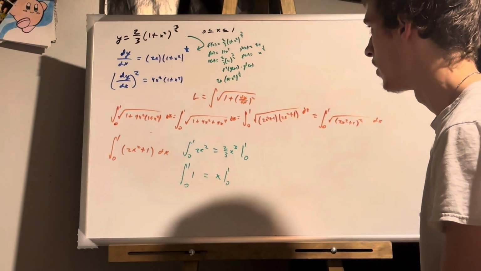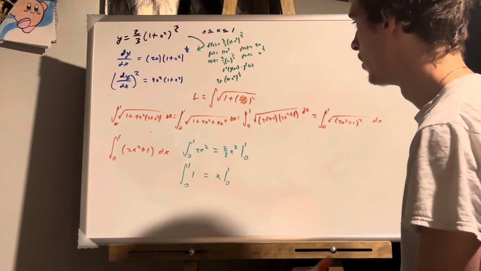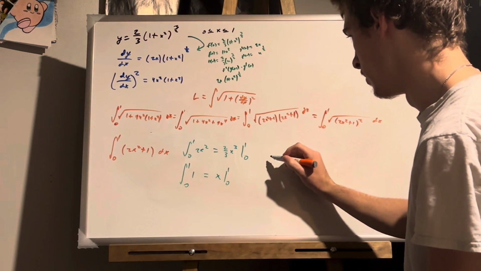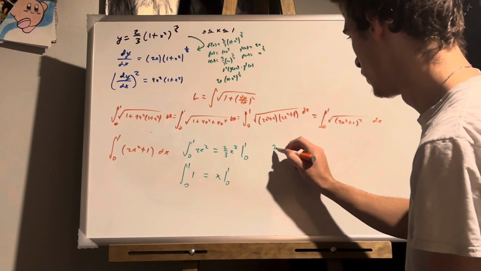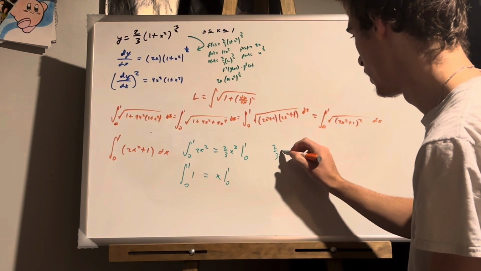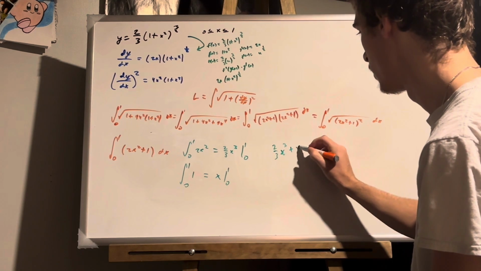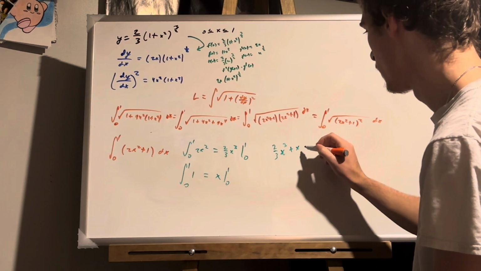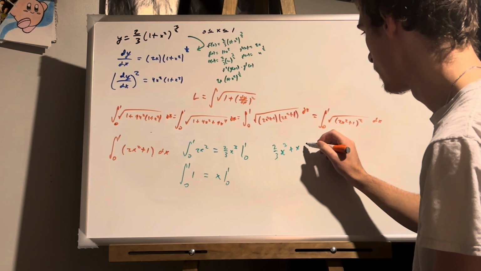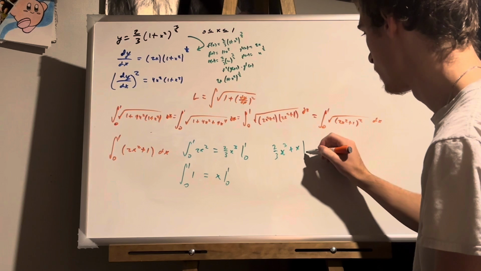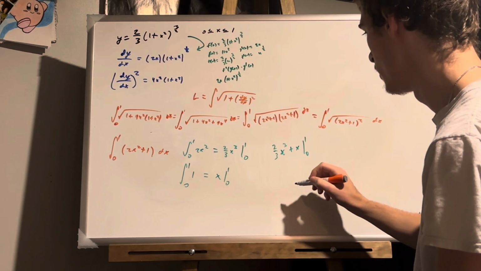And so now we can say, with the fundamental theorem of calculus, 2 over 3 x cubed plus x from 0 to 1.